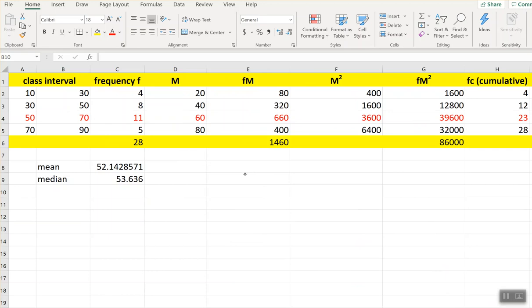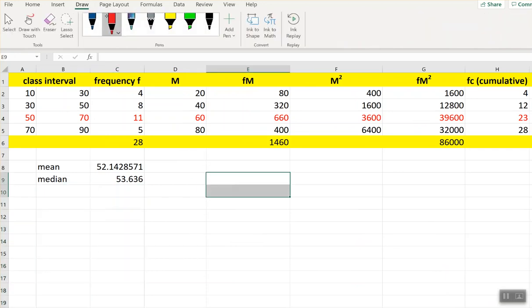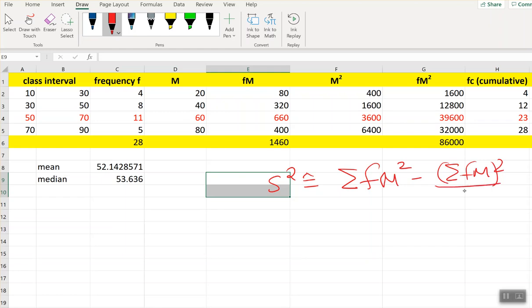So the approximate variance is S squared, which is approximately equal to the sum of Fm squared minus the sum of Fm all squared over n, all over n minus 1. That is our formula. So we have everything we need to compute this because we did it in the table.